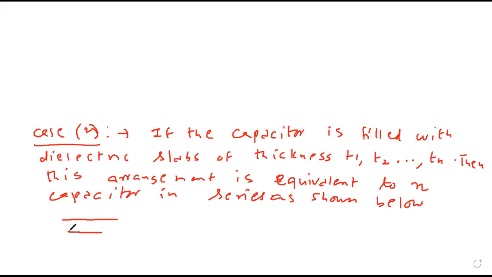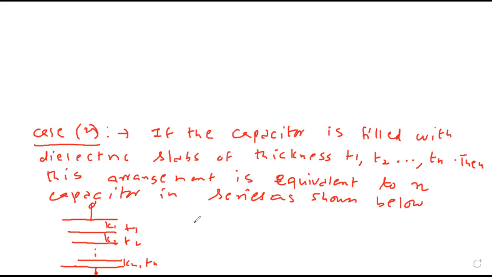This is 1, this is 2, last is this is K1, thickness T1, K2, thickness T2, last is Kn, thickness Tn. So this becomes a combination of n condensers in series.